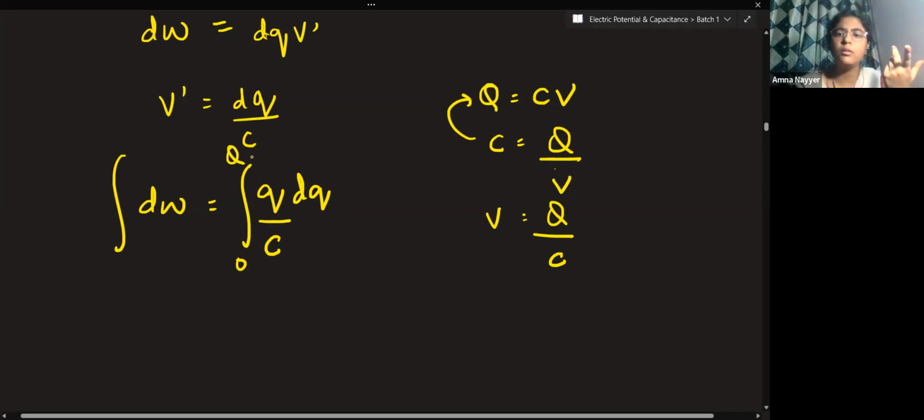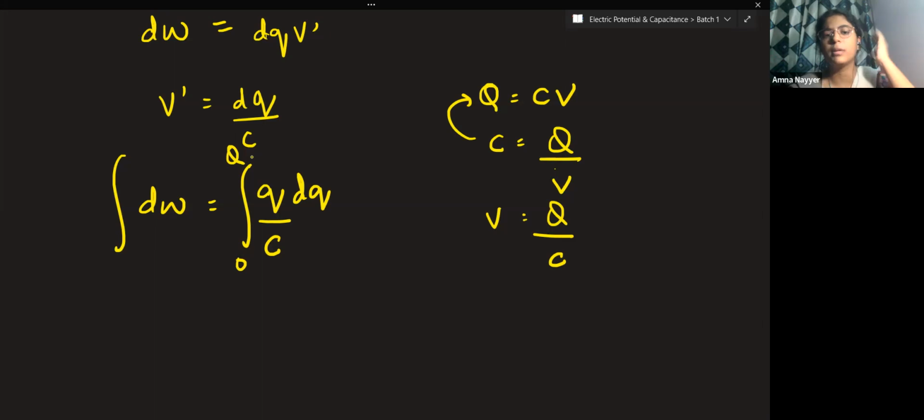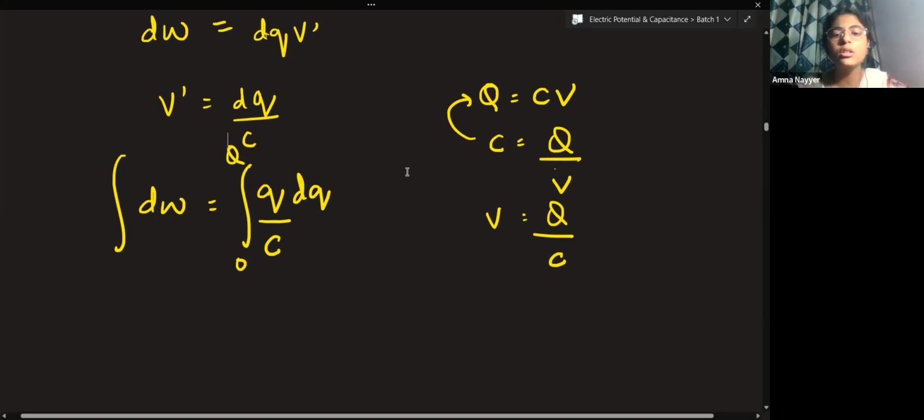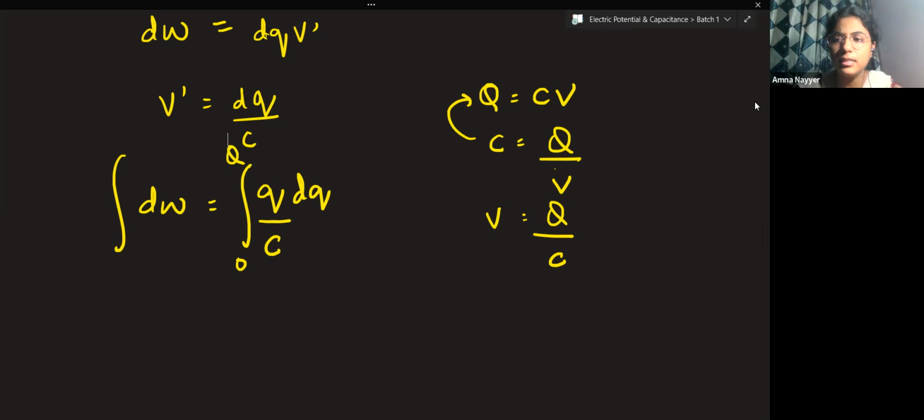If anyone has time, you can join the batch. If anyone has a problem in integration, not differentiation, since differentiation has been completed, you can join the batch for one class, I think. All right. So this is q dq divided by C.